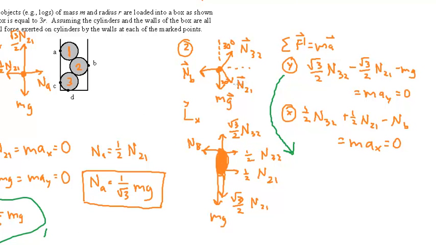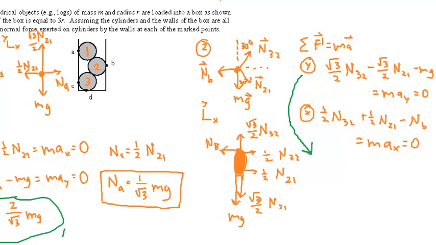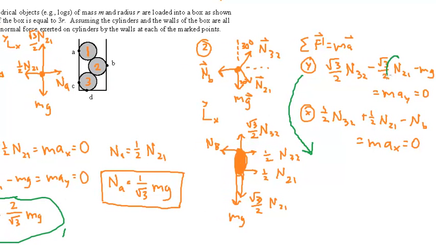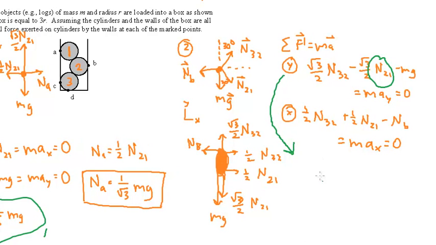Okay? And then the x direction, we've got 1/2 N32 plus 1/2 N21 minus N at point B equals mass times acceleration x, which equals 0.